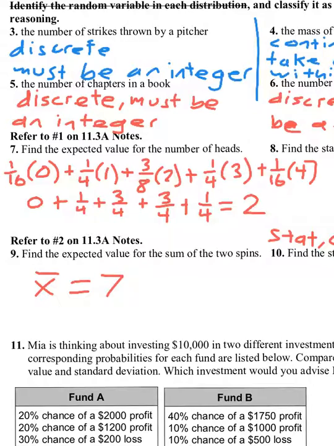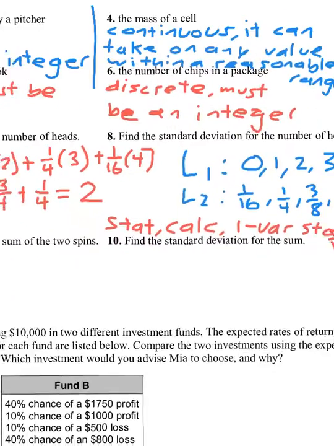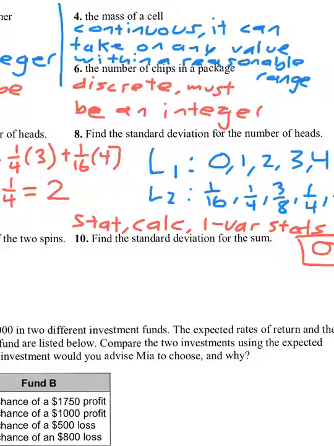Going down to the fourth line of that same screen, I see that the standard deviation is 2.415. I'll round it to 2.42.